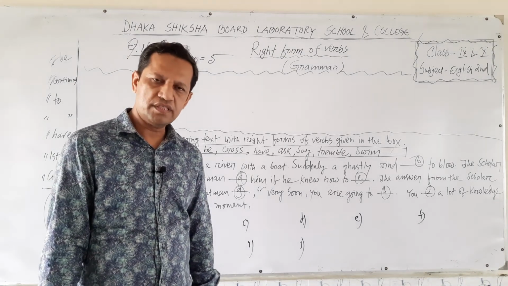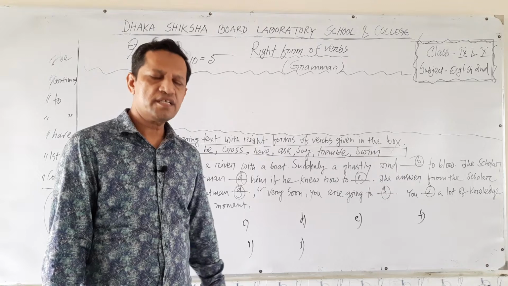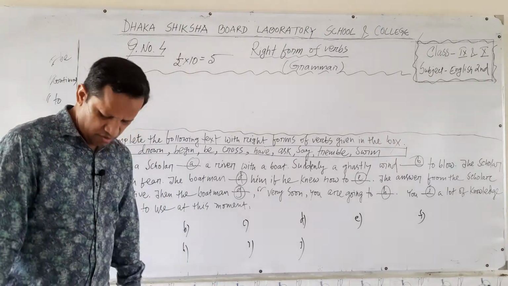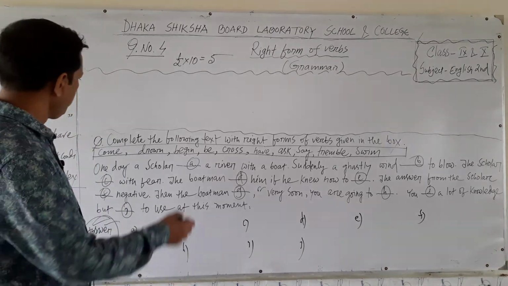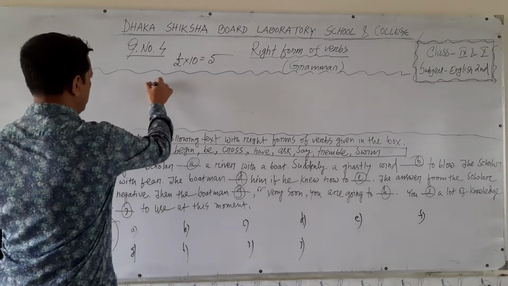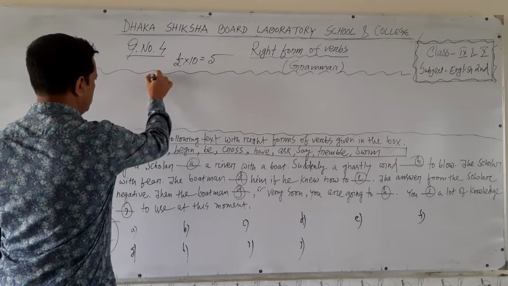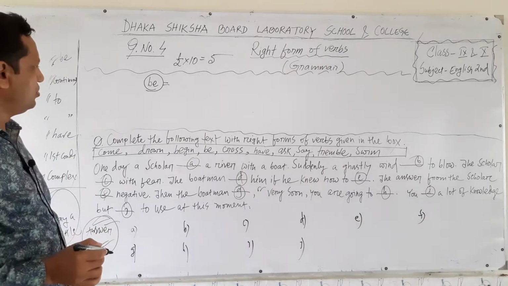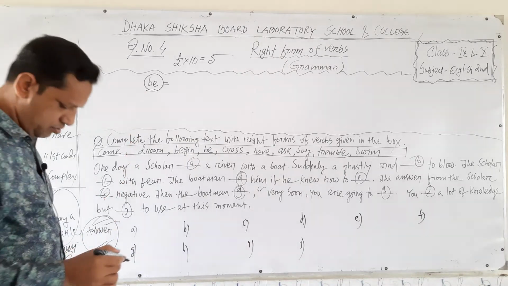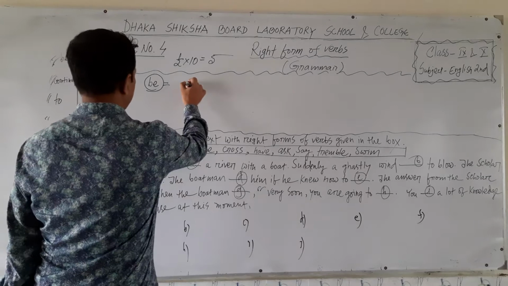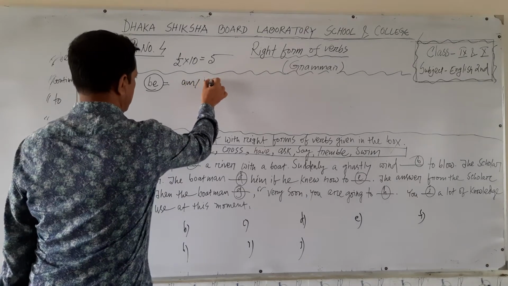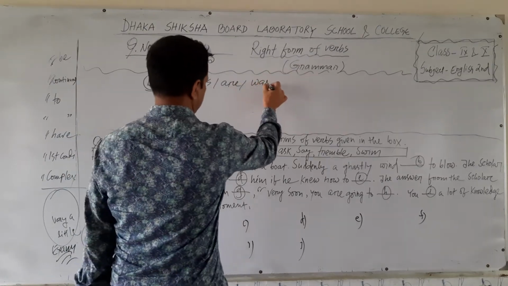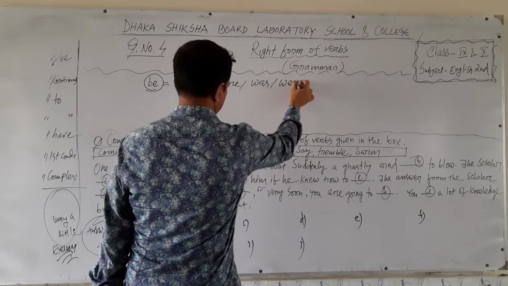My dear students, if you see be in the box, it is the be verb, and for be you have to use am, is, are, was, were.